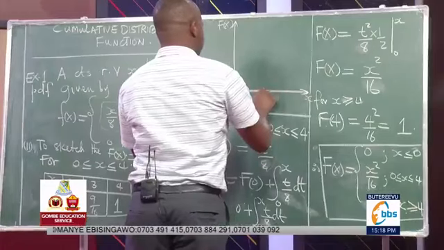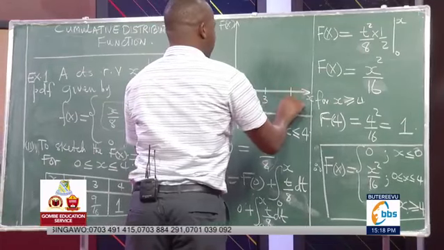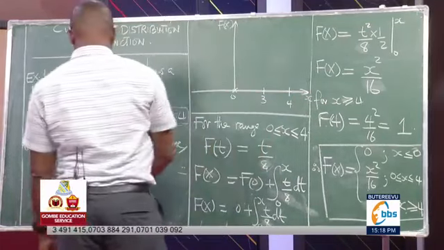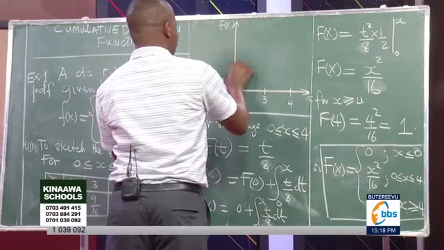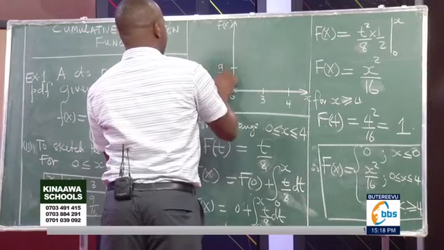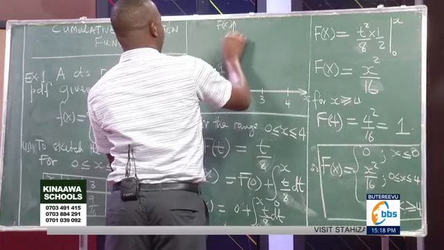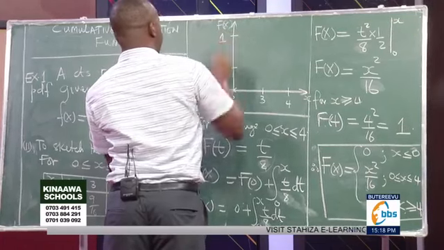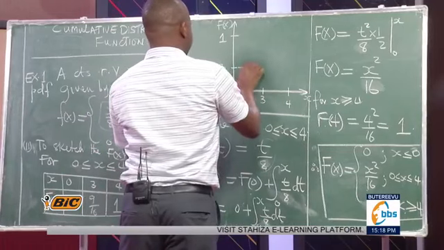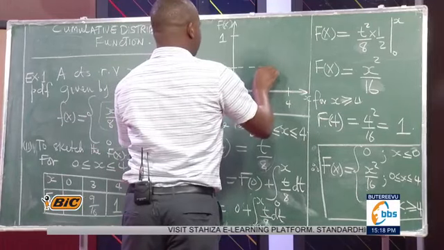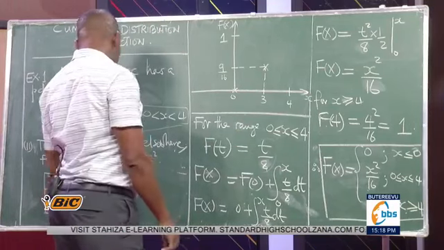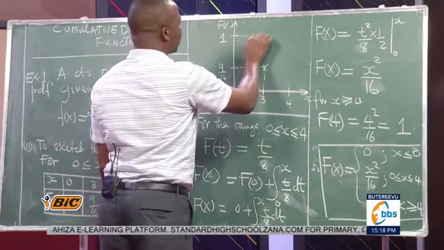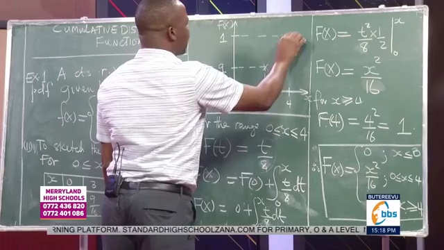So if I assume my 3 is here and my 4 is here and my 0 is of course also there, my 9 out of 16, I can let it be here, and my 1, I can let it be over there. So 3, 9 out of 16, we can plot it to be over there, and then 4, 1 can be over here.